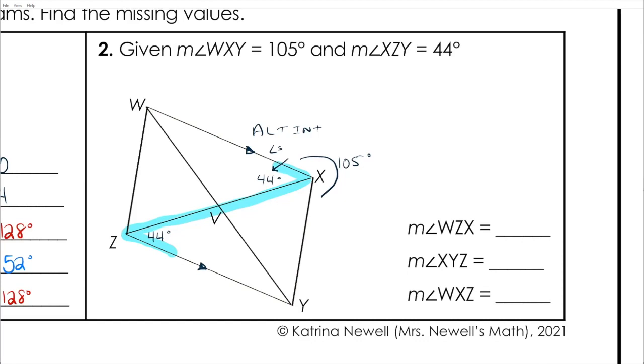Alternate interior angles are always congruent if we have parallel lines present. In this case, we've got parallel lines because it is a parallelogram. So that's 44. So to find our buddy here, we know that the entire angle WXY is 105. So we're going to take that 105 and subtract the piece that we know of, 44. So then we get 61.